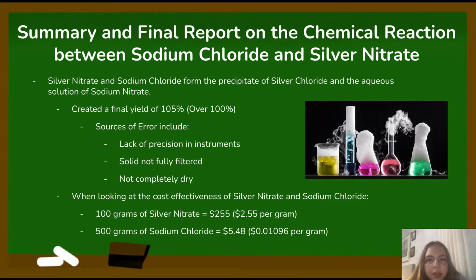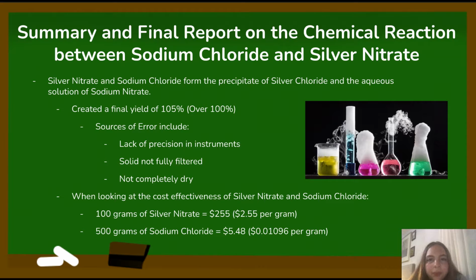This can be due to the lack of precision in the mass balances I used to not only measure the chemicals but also measure the final solid weight. This can also affect the amount of chemical added, which could have increased the limiting reactant and caused a need for more of the excess reactant, which would also add on to the weight in order to satisfy the 1-to-1 mole ratio.